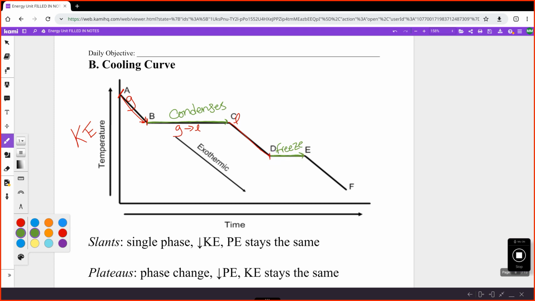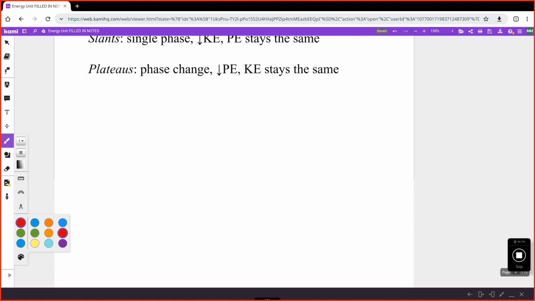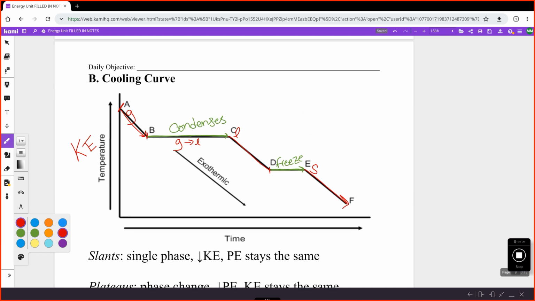So the liquid particles cool off, then they get closer together, then they become a solid. And what do we do with the solid after that? We cool it and cool it and cool it some more. So that is how the heating and cooling curves work.